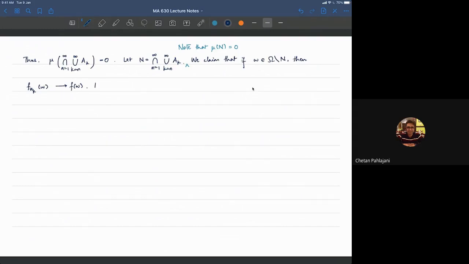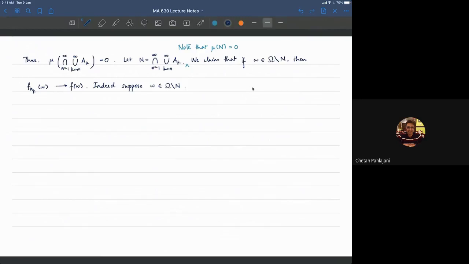So indeed, suppose small omega is in Omega minus N. Okay, in other words, small omega is missing from this intersection. Now remember, for a point to be missing from the intersection, it should be missing from at least one of the sets in the intersection.